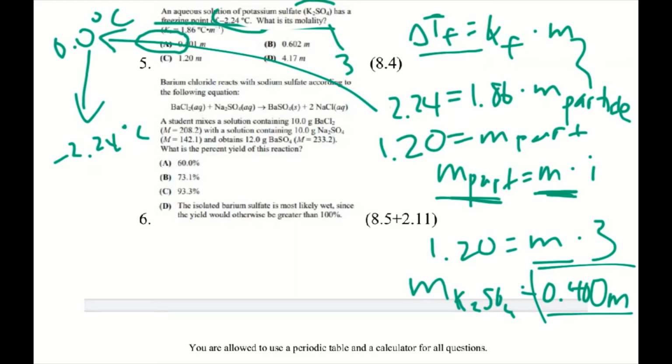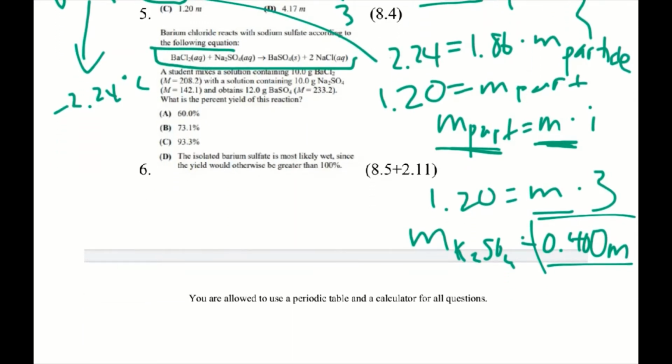Now, number 6. Barium chloride reacts with sodium sulfate according to the following reaction. So they did all the balancing for us, that's great. A student mixes a solution containing 10 grams of barium chloride, and they give us the molar mass, with a solution containing 10 grams of sodium sulfate, and obtains 12 grams of barium sulfate, and they want the percent yield of this reaction.